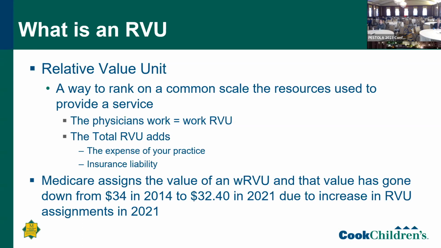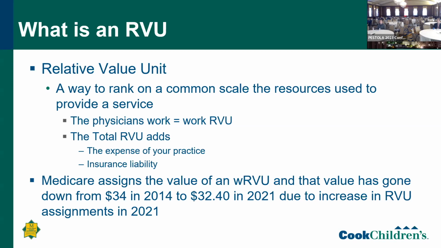So CMS recognizes that we have to see patients and do work, that it costs us to rent a place to do it in, and then we have to pay malpractice insurance. So they've assigned the value of a work RVU. They've assigned the value of a total RVU as well, but I'm just primarily going to focus on work RVUs. And if I ever leave the W out, just assume that's what we're talking about from here on in.